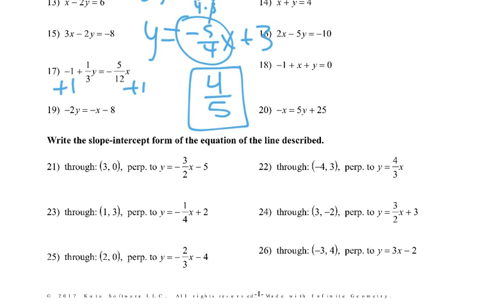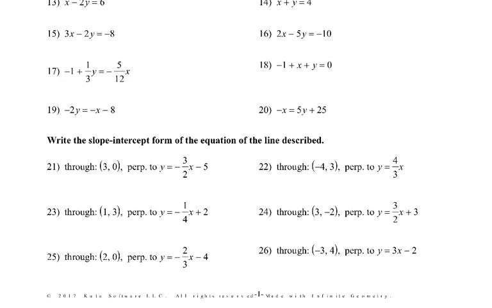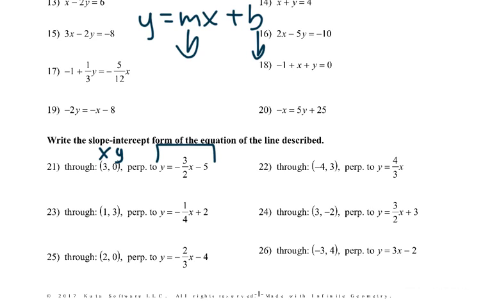Now let's look at these other ones. Okay? And remember, the idea here is, just like with parallel lines, we have an x and a y. We're using the slope-intercept form, so we need the y-intercept and the slope. We know a line is perpendicular to, so I can find the slope, right? So negative 3/2 would become positive 2/3.